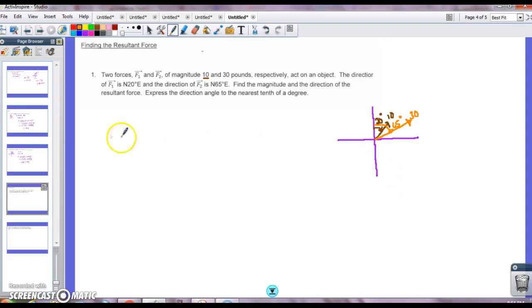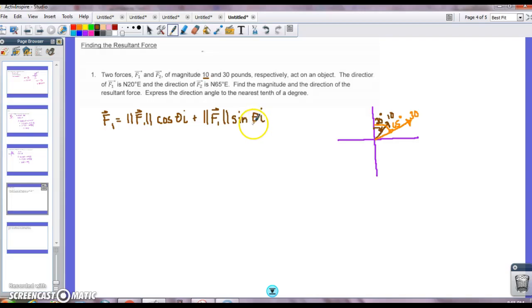Okay, so if I go ahead and look at F1 first, F1 is going to be the magnitude of F1 cosine theta i plus the magnitude of F1 times sine theta j.